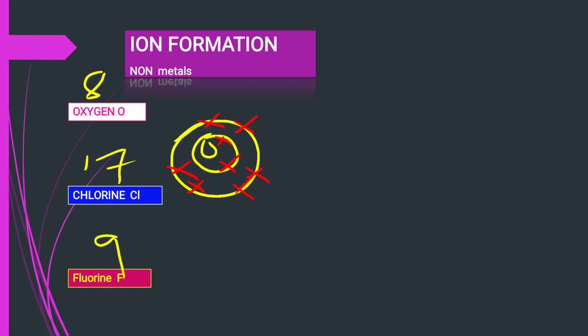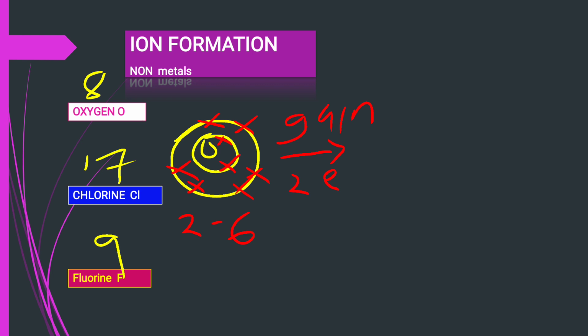This one now is the oxygen atom with electron configuration of 2, 6. So oxygen will form an ion by gaining 2 electrons. When it gains 2 electrons, it attains an octet state of 2, 8 because it now has 8 electrons in the outermost energy level.